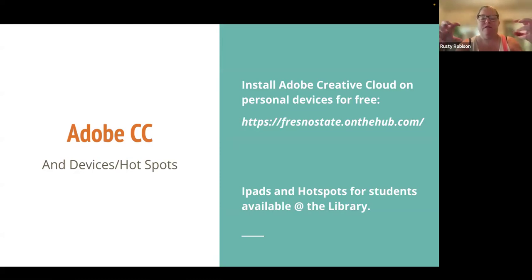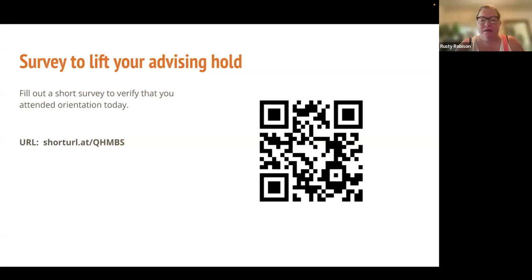From within that app, you can choose the different Adobe products that you want to install on your computer. So take advantage of this. Definitely, you probably already have. And to end this, we'll do some questions next.